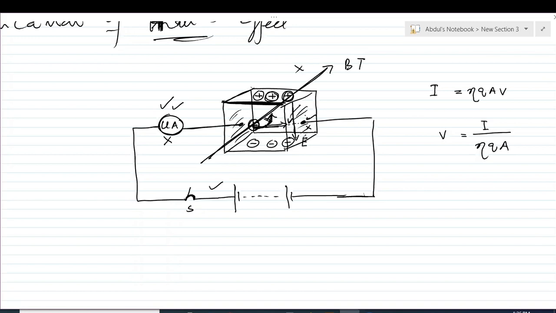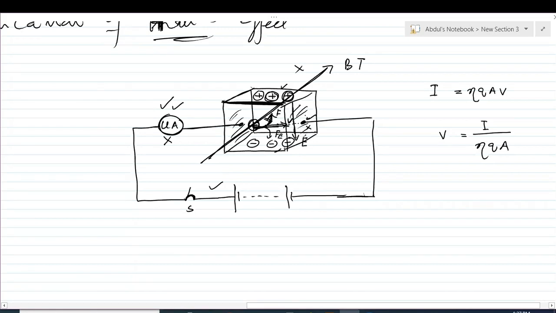Now, when there is a sufficient electric field, there are two forces: magnetic force up, but this positive and negative gathering of charges will also exert a force downward, which is electric. When the up magnetic force and the down electric force become equal, the resultant force is 0, then no net force is experienced by the next moving charge.